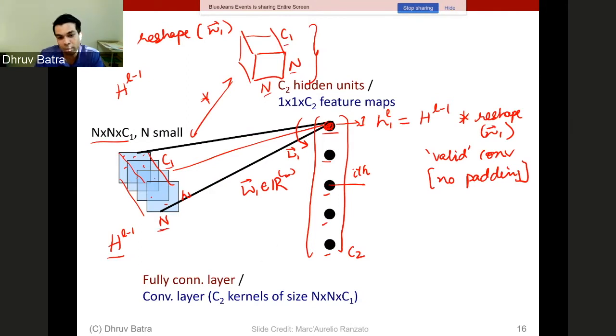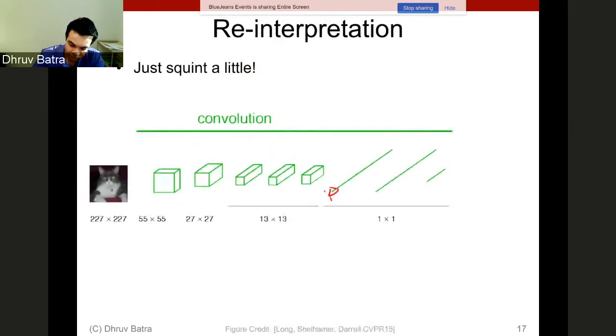And there's only one placement of those filters, and that's why we get these outputs that are really 1 pixel by 1 pixel by C2 sized outputs. So that's this tensor right here. So this is a convolution operation. It's a 1 by 1 convolution operation. I'm sorry, not a 1 by 1 convolution. It's a convolution that produces a 1 by 1 sized output.